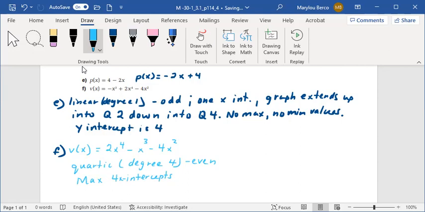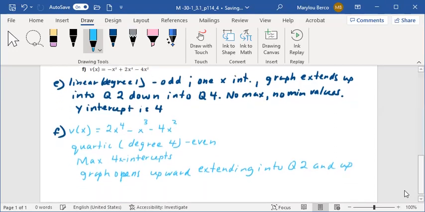Leading coefficient is positive, so the graph opens upward, extending into quadrant 2 and up into quadrant 1.